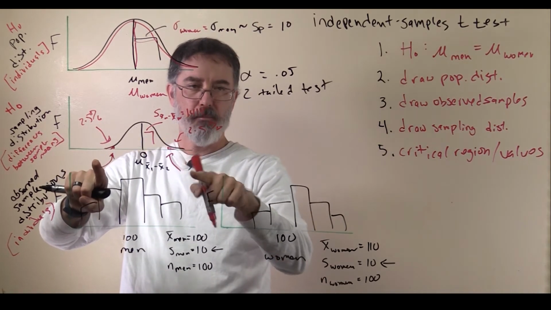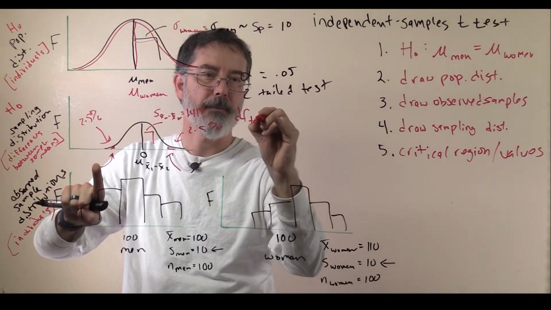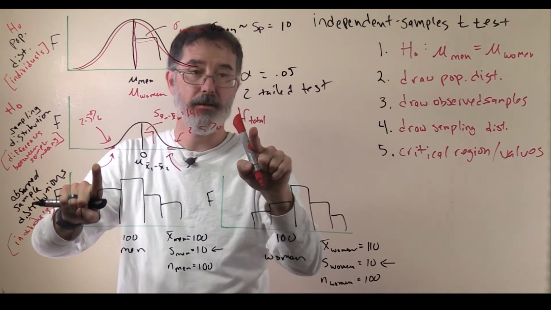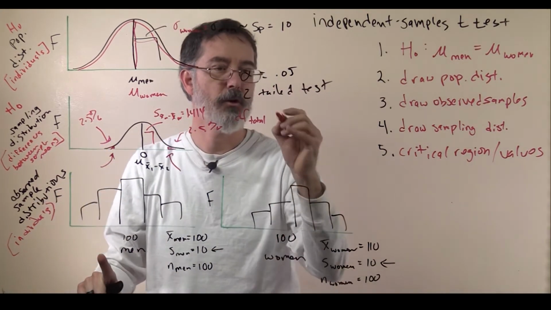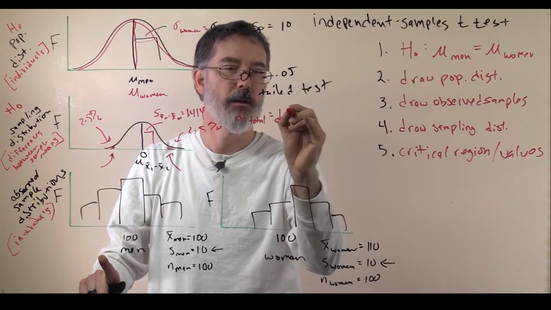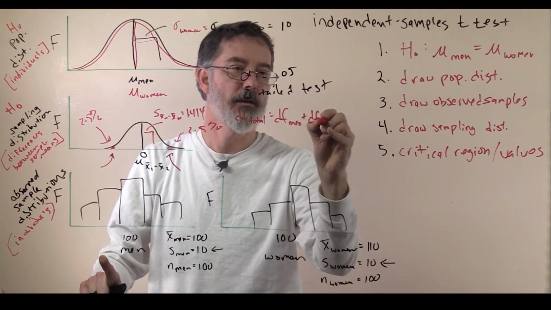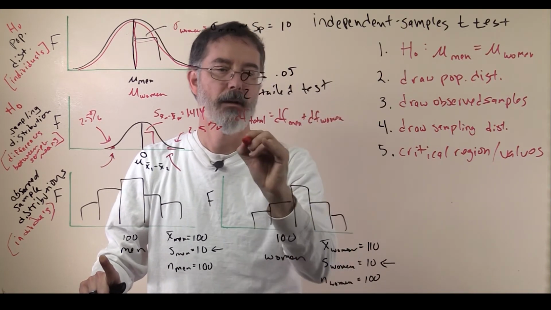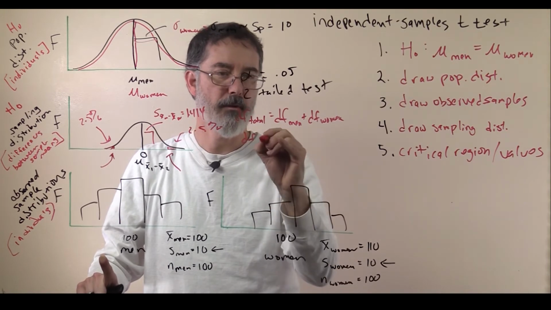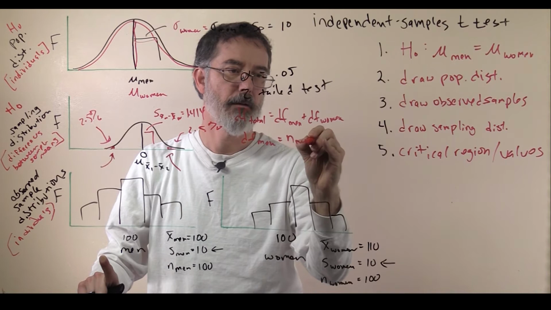And so to look it up, we need to know our degrees of freedom. We'll call it the degrees of freedom total because we're actually going to get degrees of freedom from each of our groups. So degrees of freedom total is the degrees of freedom for men plus the degrees of freedom for women. And the degrees of freedom for men is just going to be the sample size of men minus 1.